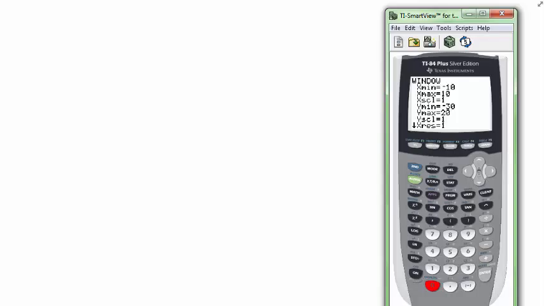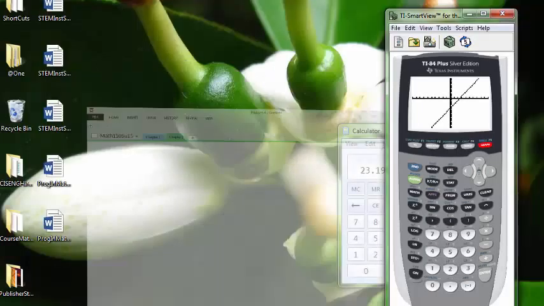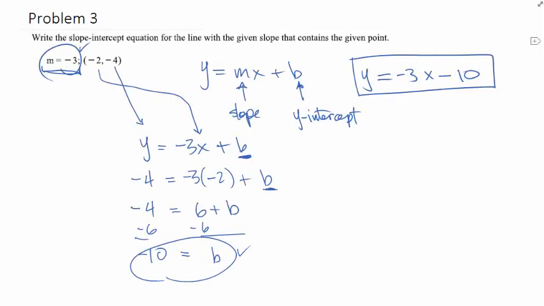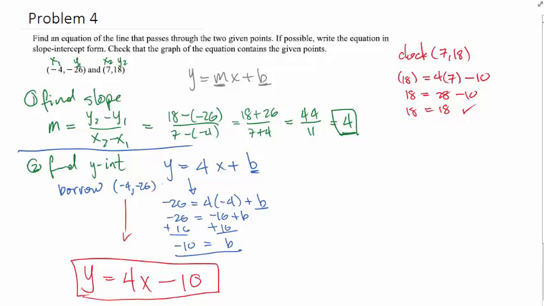To graph it, you hit graph, and there's your graph. You got the x-intercept at negative 10. I hope that's negative 10. But to ensure what we're seeing here, let's plug in the actual values. Here's my problem.